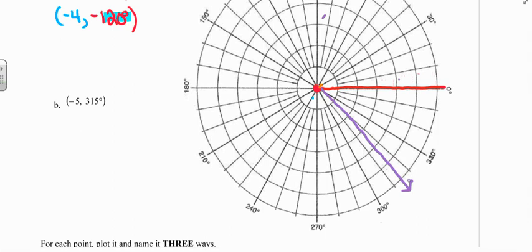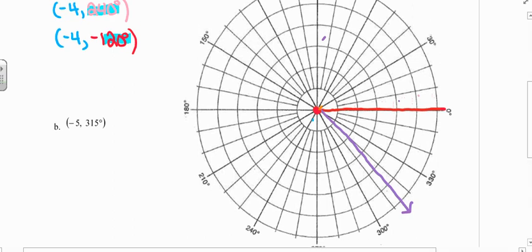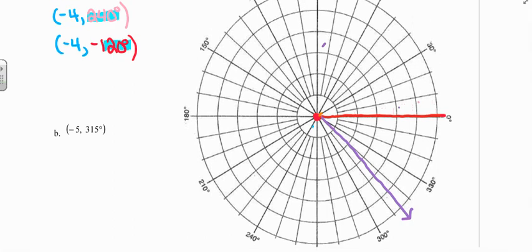The fact that that radius length has a negative in front of it tells me that I have to reflect through my pole. So I'm going to go across from or opposite, and I want to count on my radius 5. So there's the location of point B.